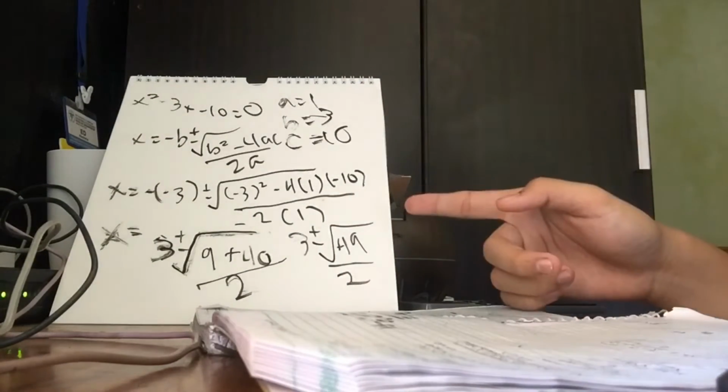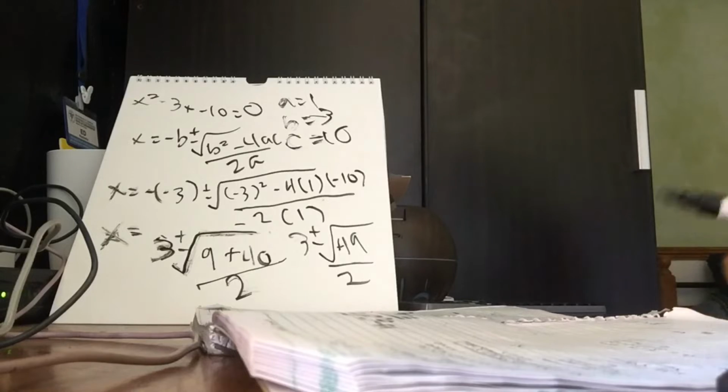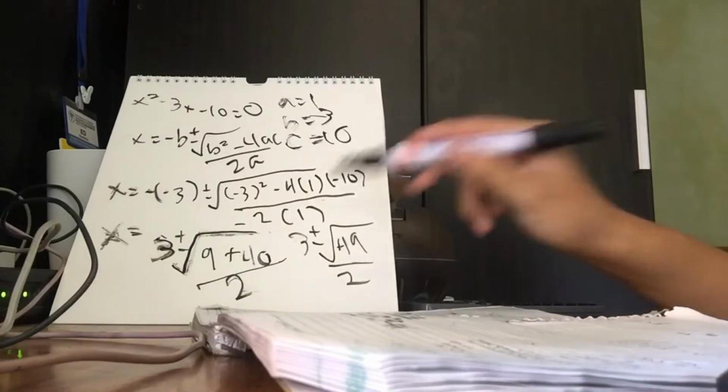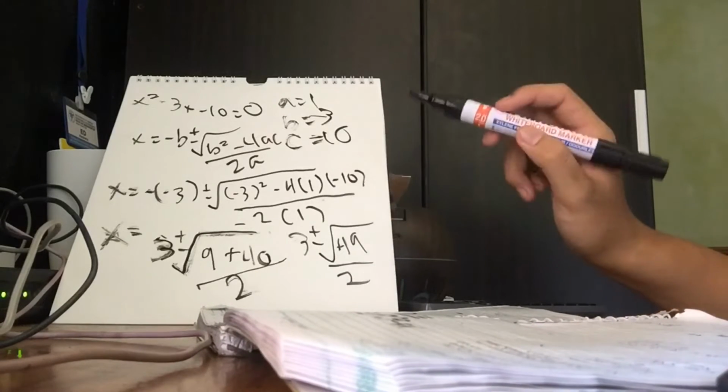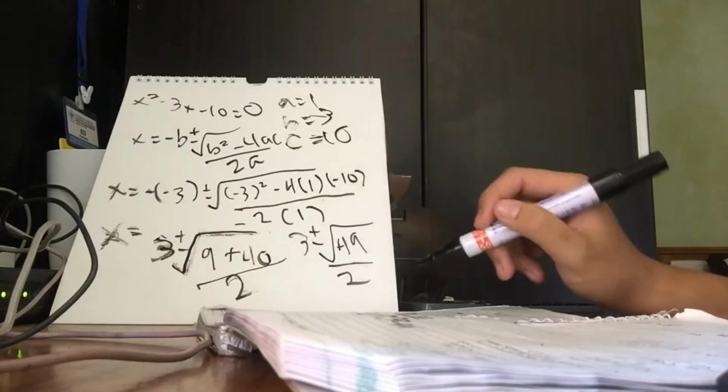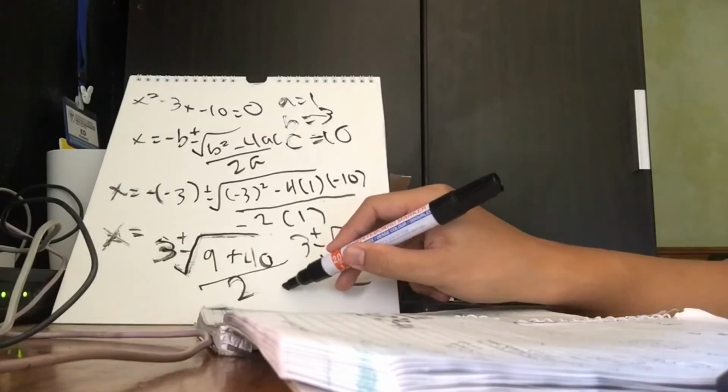Next you're going to find the square root of 49, which is 7. The 3 and the 7, which we got from the square root of 49, we join together along with 2.